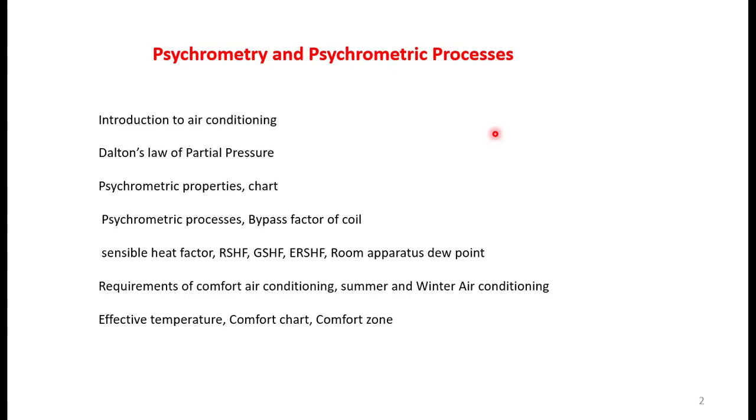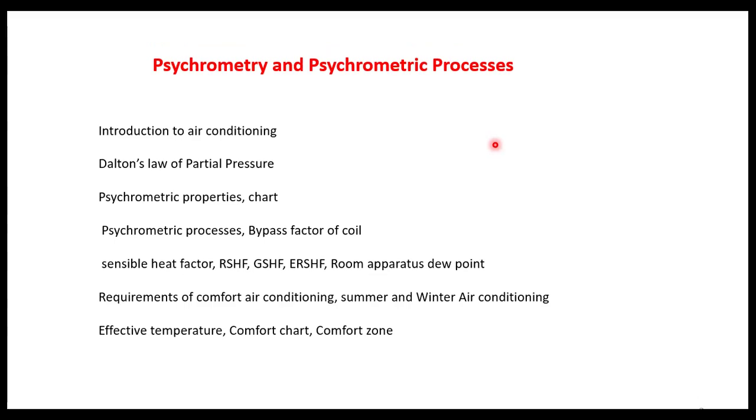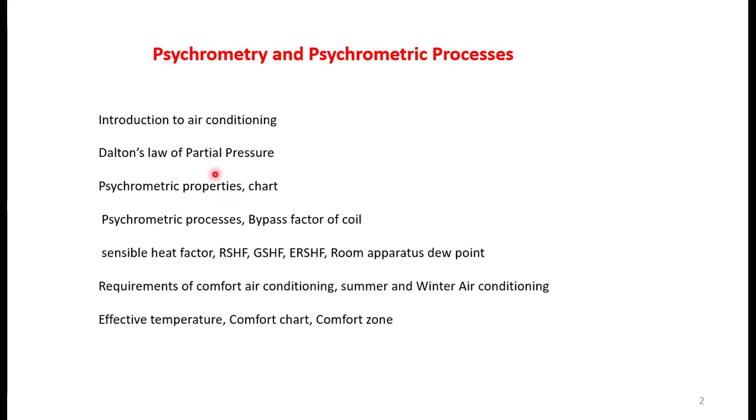So after looking into Dalton's law of partial pressure, we'll see what the different psychrometric properties are. These properties are nothing but the terminology of the various properties of the air and water vapor mixture. So we'll see the definitions of the psychrometric properties. Then what are the different methods, techniques which are used to calculate or find out these psychrometric properties. There are two different methods.